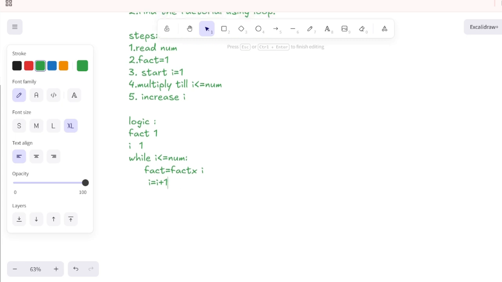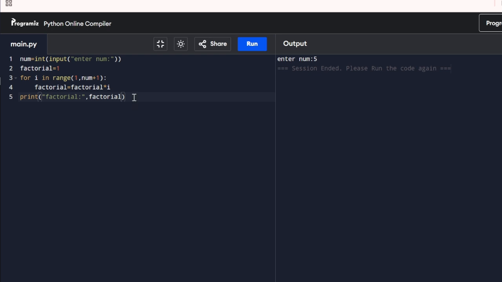Well, coming to the code. As usual, input is taken. Factorial is initialized to 1, let's take it as fact. And you need to initialize i equal to 1, because here we are not using a for loop, we are using a while loop. You need to increment inside the while loop. So instead of a for loop, we are taking the while loop.